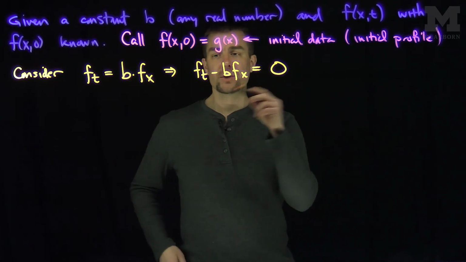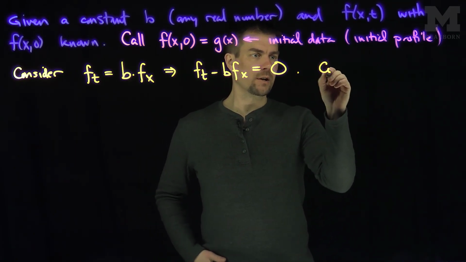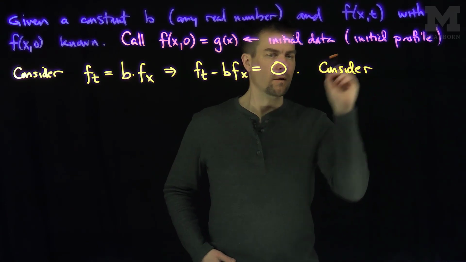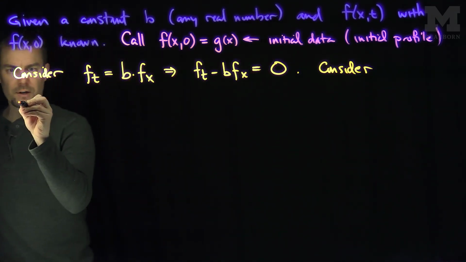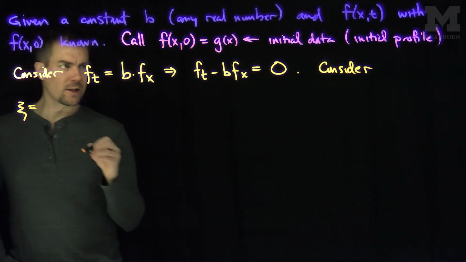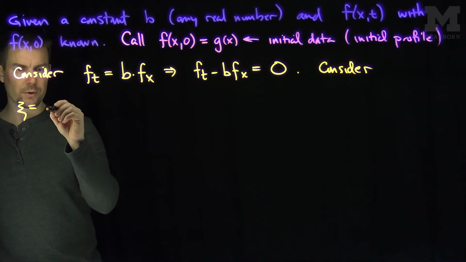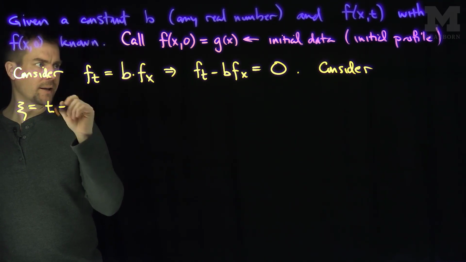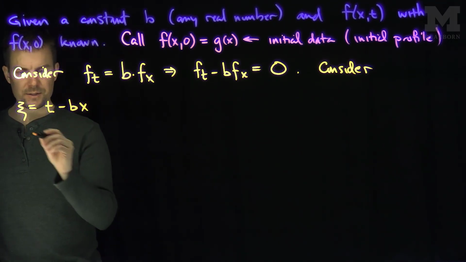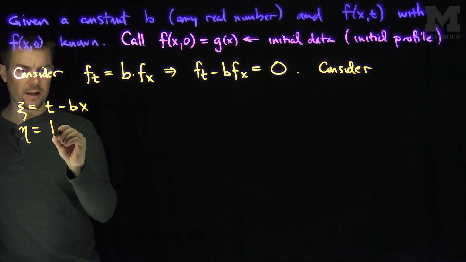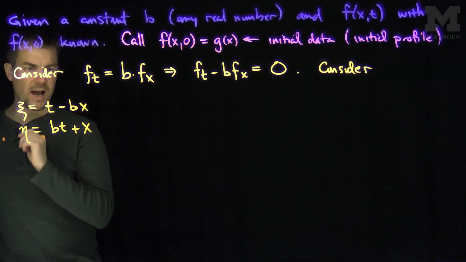So we're going to consider a change of variables. Let's say xi is equal to t minus bx, and eta is going to be bt plus x.